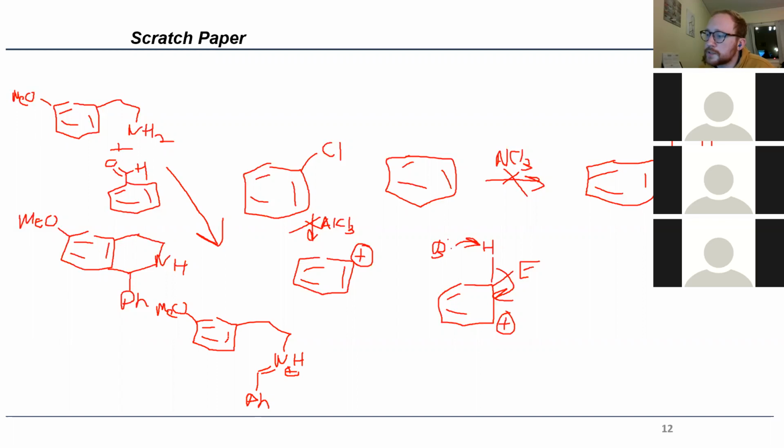Now this is attacked by the aromatic ring. This is our activated electrophile. It's attacked by our electron-rich aromatic ring.